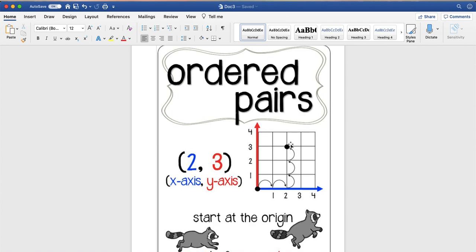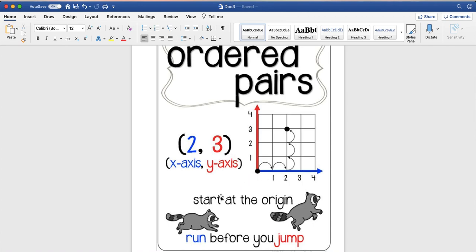Now to find the directions, we always start at the origin. This is kind of like our home base. And there's this expression down here that says run before you jump. The specific way to get up to this point is that we have to use the x-axis first, and after that we use the y-axis.